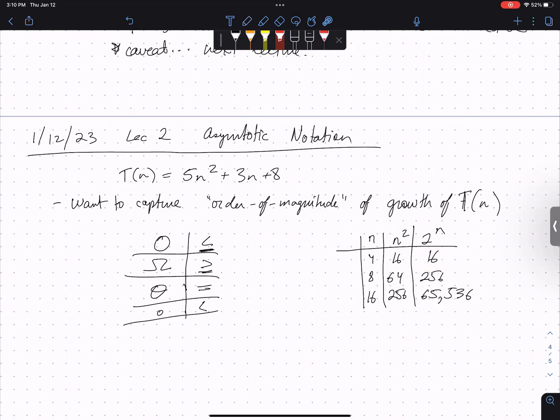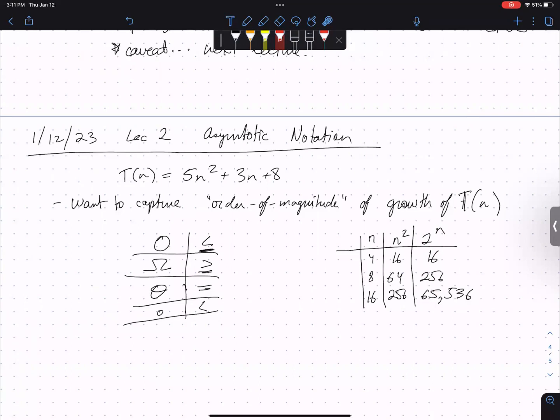I multiply it by itself. In other words, when I double the input size, 16 squares to 256. I square the running time if it's 2 to the n. I double the input size, I square the running time here. So that's pretty bad, right?